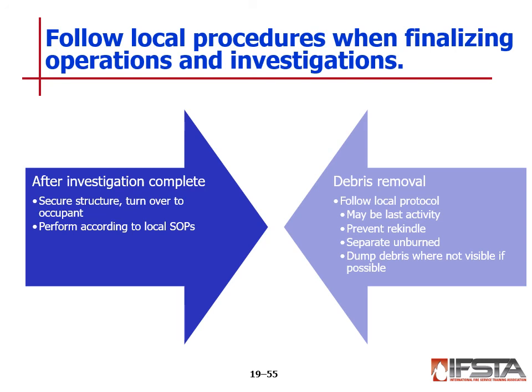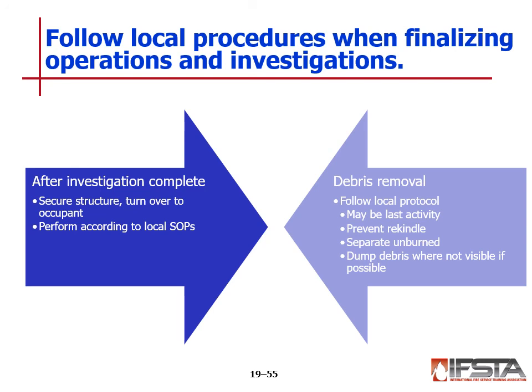So any kind of debris removal, we do this as part of overhaul. It may be the last thing we do on the scene. We really want to make sure that we've got that fire out. So, removing things that are more susceptible to smoldering, such as mattresses, couches, love seats, stuffed chairs, recliners, that kind of thing is very, very important.